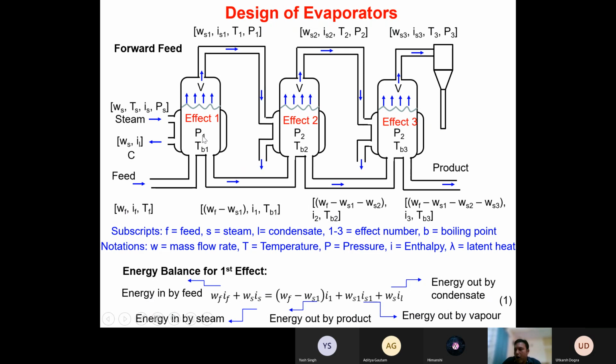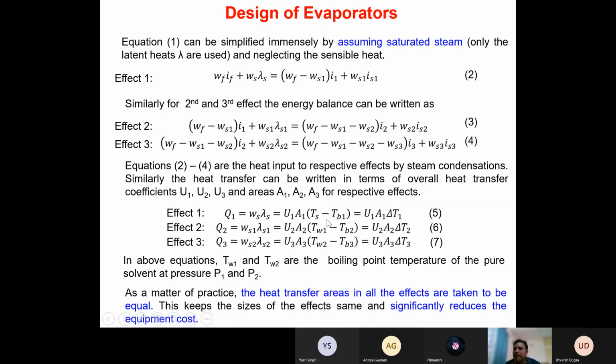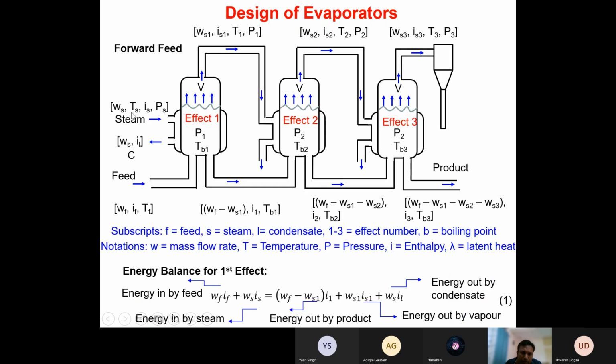And that should be given by what? Heat transfer, total amount of heat transfer. So total amount of heat transfer is what in this case? Area of this first effect multiplied by overall heat transfer coefficient of this first effect multiplied by delta T. So that is what we have written here, U1 A1 delta T. So delta T will be what? Temperature of the steam minus TB1.